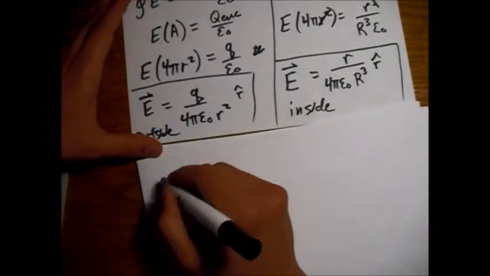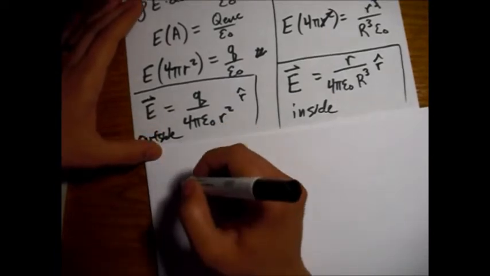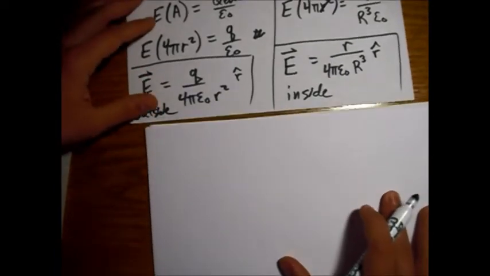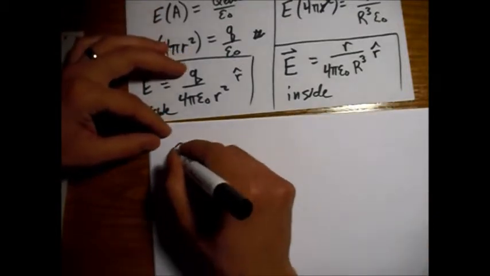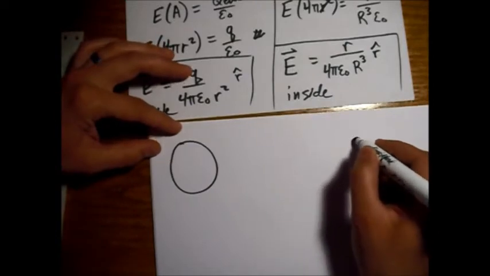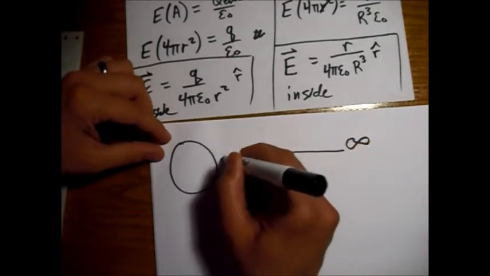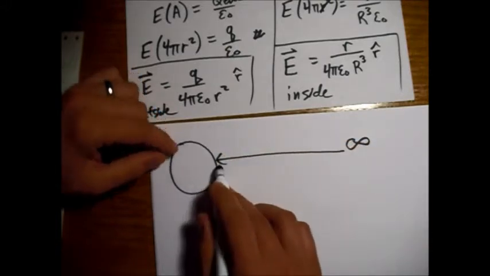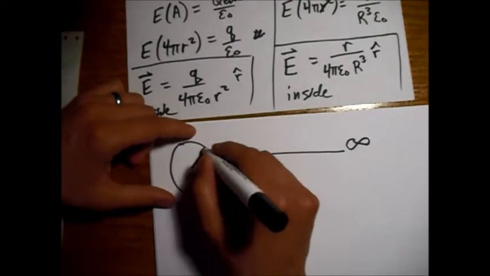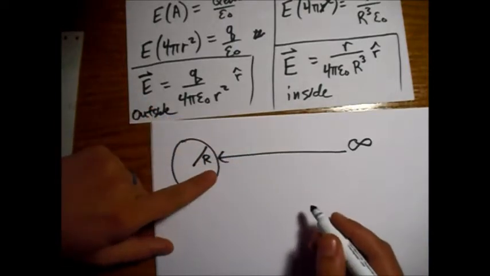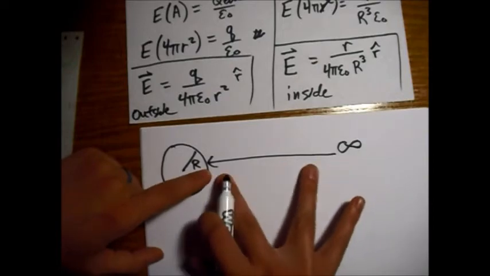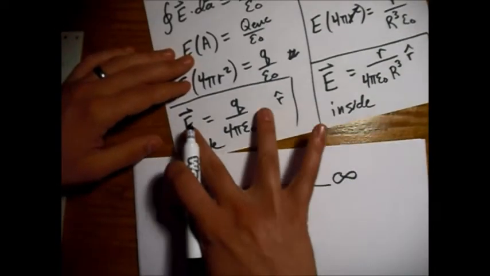So we're going to find the potential inside and outside. Let's start with outside first. The strategy for this problem is, if out here is infinity somewhere, we're going to integrate in to the radius of the sphere, which is big R. The electric field is known by this equation on the outside.